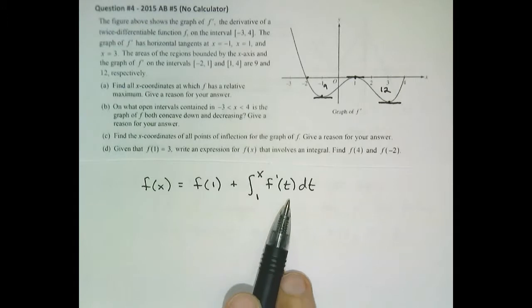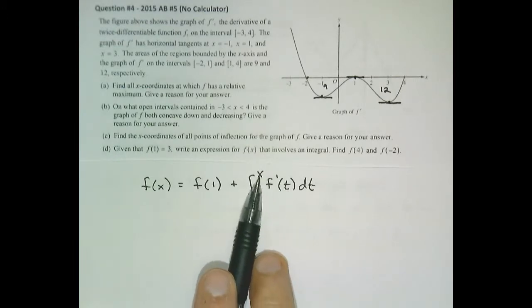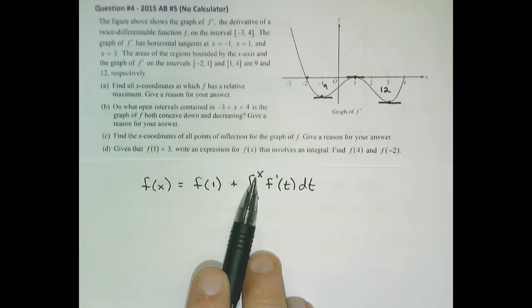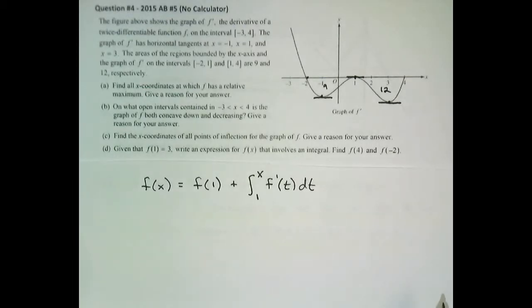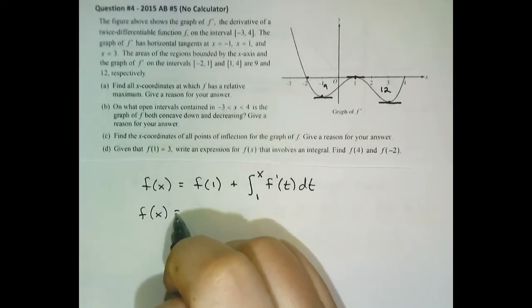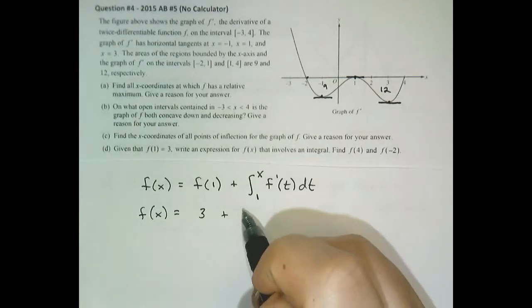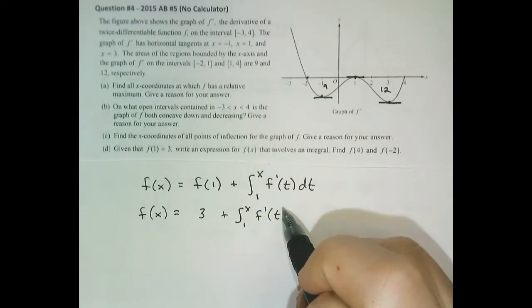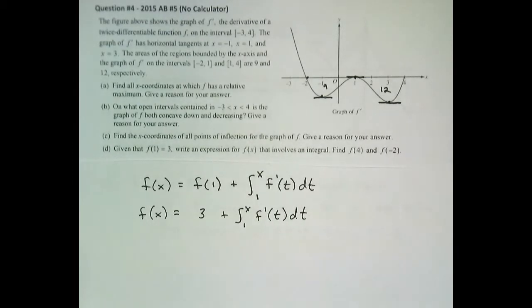And here I'm doing a variable switch so that there's not the same variable in my integrand as in the upper bound of that integral expression. So the function at any given time can be expressed as 3 plus the integral from 1 to x of f prime. That's my general integral. And from here I should be able to evaluate expressions.